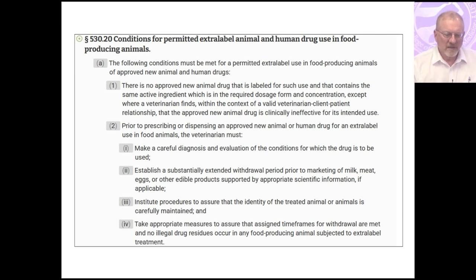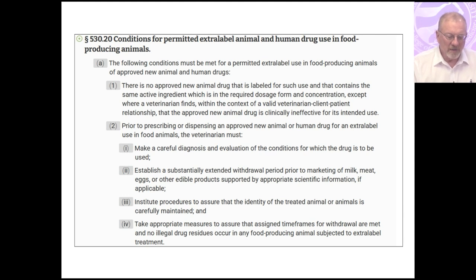They say that permitted extra-label animal drug use in food animals is okay when there's no approved new animal drug that is labeled for such use and that contains the same active ingredient in the required dosage form and concentration, except where a veterinarian finds within the context of a VCPR that the approved new animal drug is clinically ineffective for its intended use.